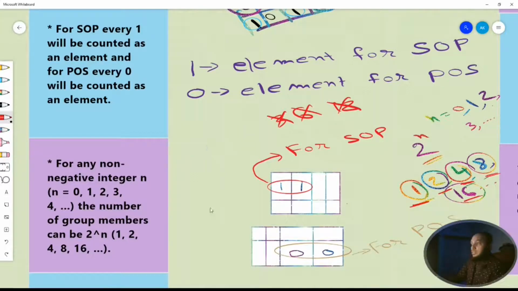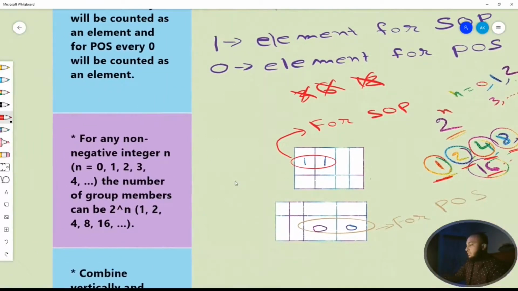Okay, so for SOP, as we deal with ones, this can be a group because there are 2 elements. For POS, this can be a group because there are 2 elements. Again, for SOP we count ones as elements, and for POS we count zeros as elements.